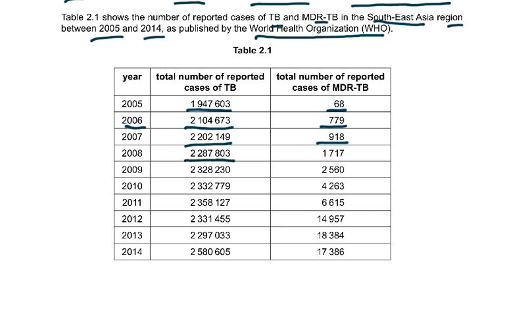Then the figures continue to rise, with MDR-TB reaching 6615 and later 14,957 and 17,000. Now here you see something weird is happening. You can see some sort of a trend, so look at it carefully, read it again and mark things.